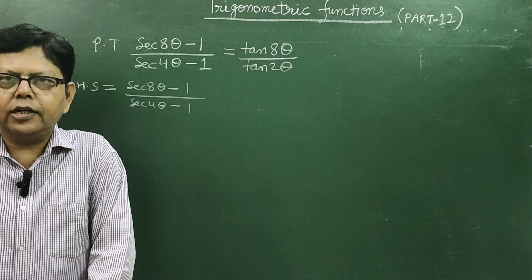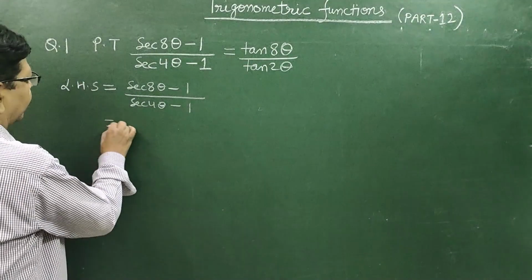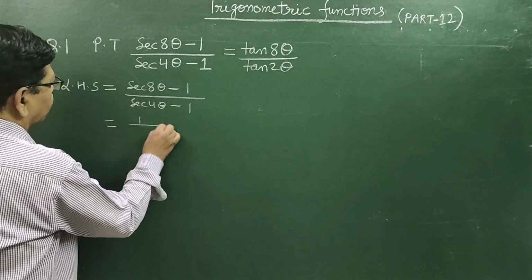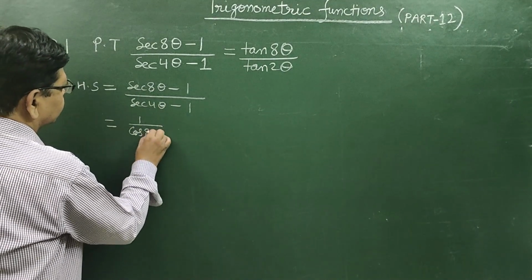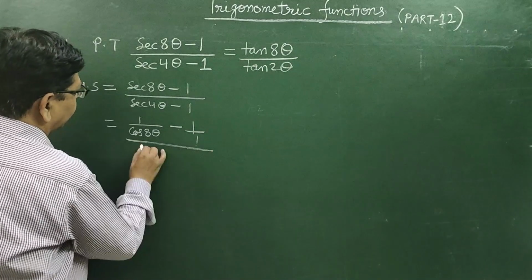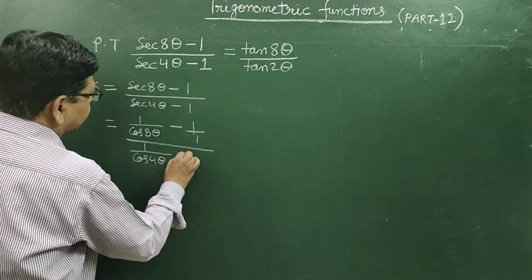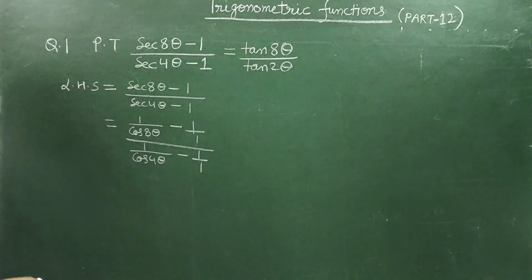Converting the numerator and denominator into the cos form, you can write sec as 1 upon cos, so (1/cos 8θ − 1) upon (1/cos 4θ − 1).